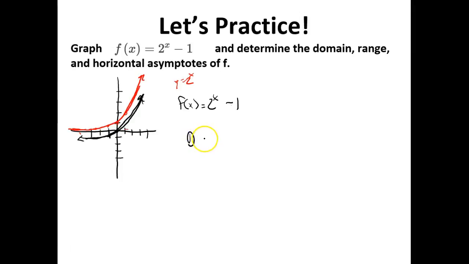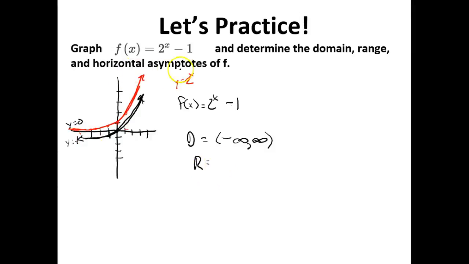Well, once I have that rough sketch of the graph, the domain for these, there's no roots and there's no variables in the bottom. So the domain in interval notation can be anything, -infinity to +infinity. The range, how low does this graph go? The range never is going to go below the line y equals -1. That's the horizontal asymptote. The original horizontal asymptote was y equals 0, but everything is shifted down 1. So now the new horizontal asymptote is y equals -1.